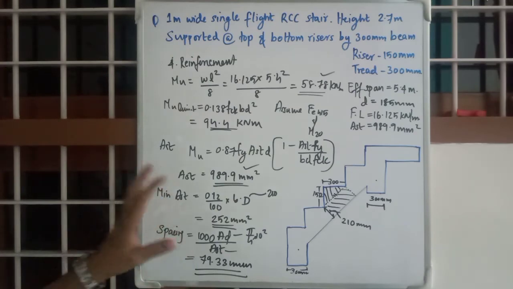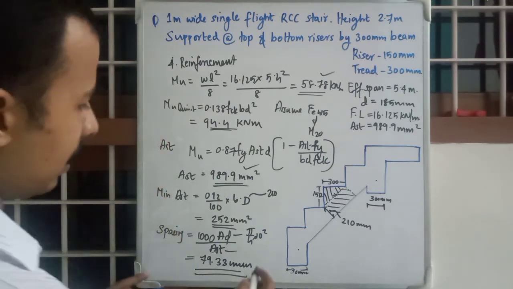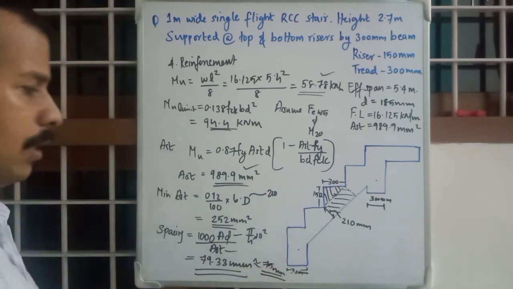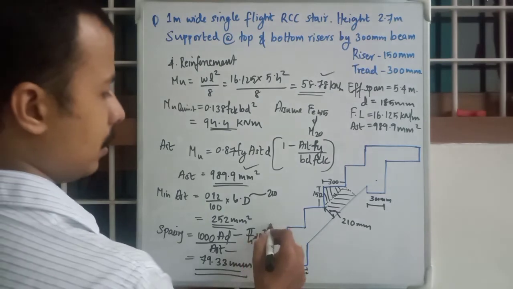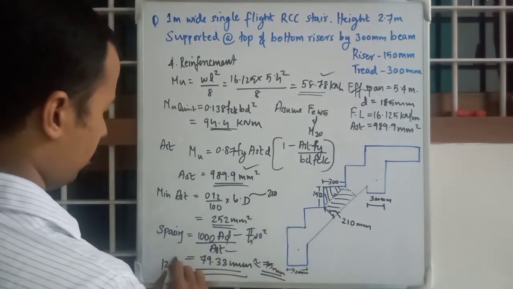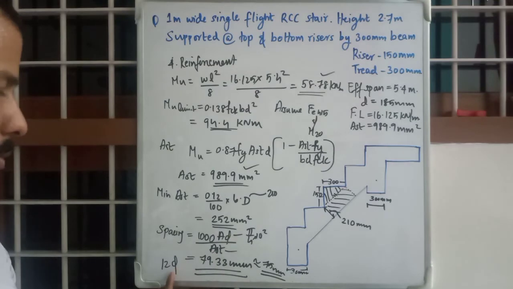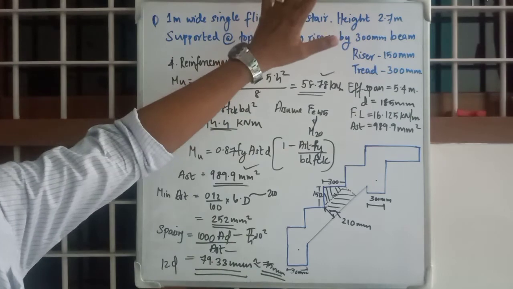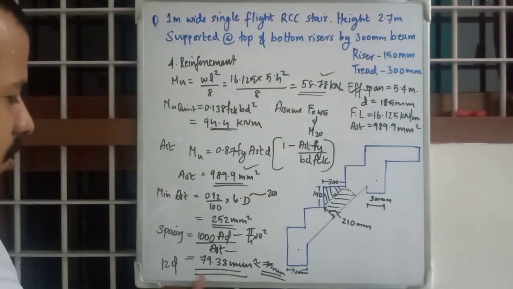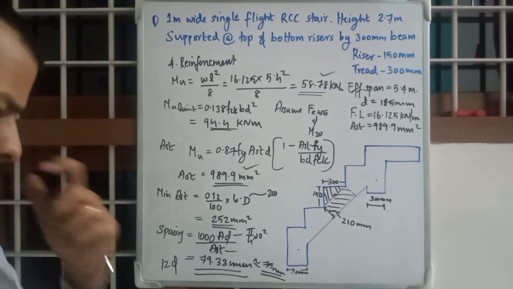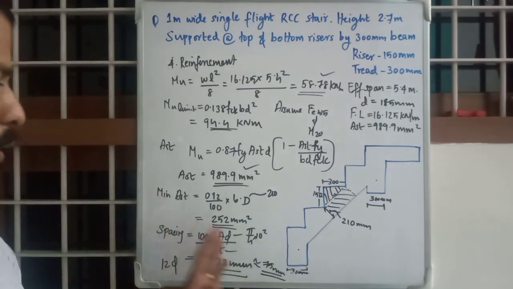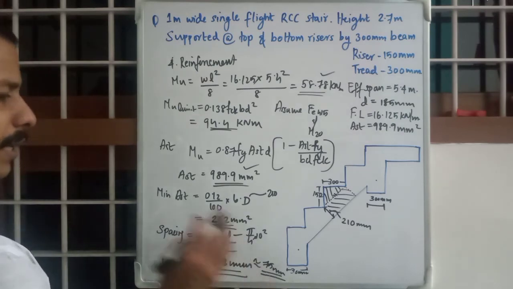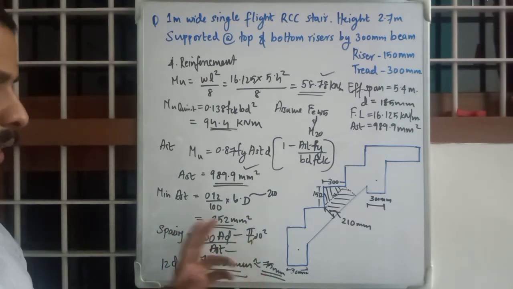This value is generally considered a low value. You can either approximate it to 75 mm, or you can redesign this with a 12 mm diameter bar. Just replace 10 with 12, you do not change any of the previous steps, just change here. You can take either the 10 or 12 mm diameter bar. Right here I'll just take 75 mm spacing with a 10 mm bar.